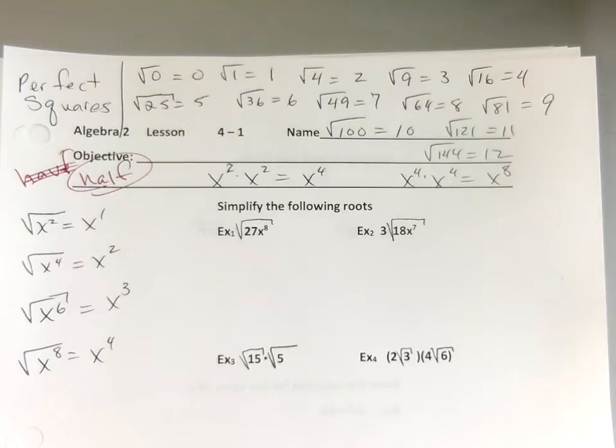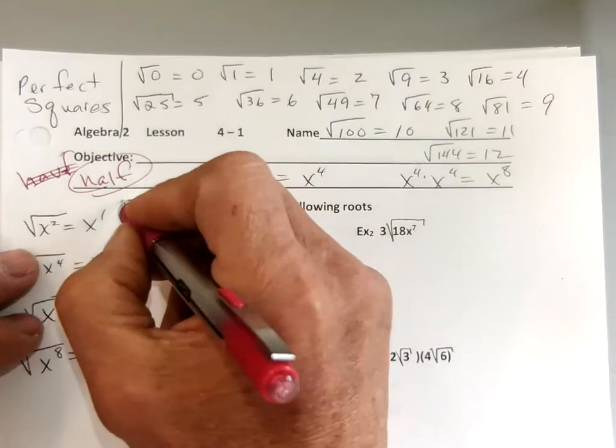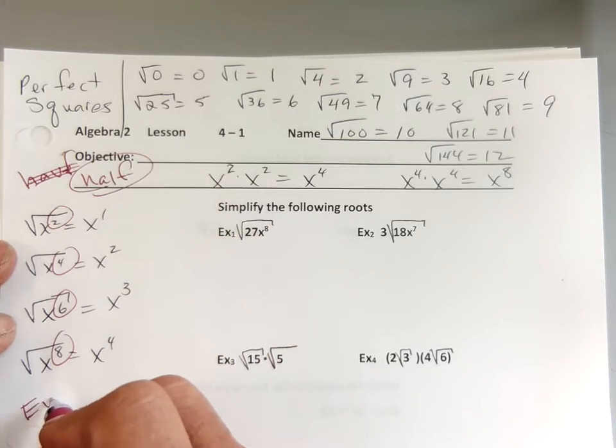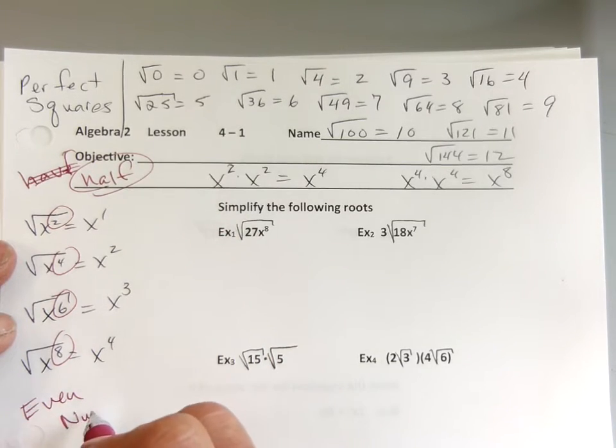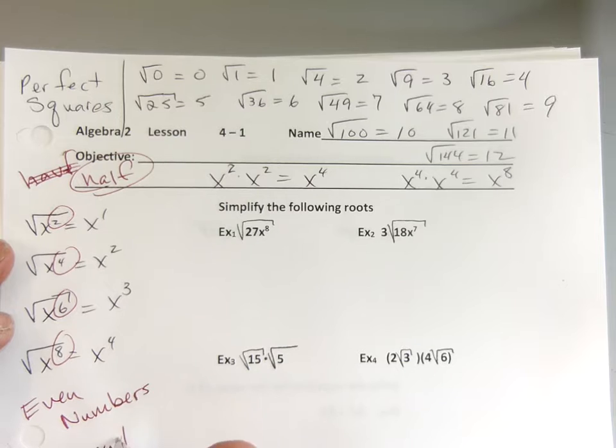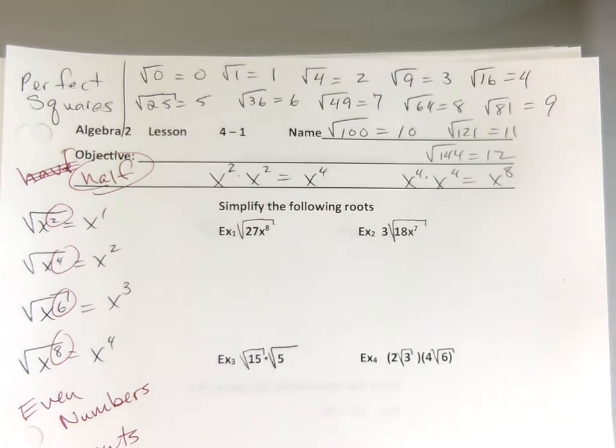If it's not an even number, then we're going to make it even. So we're taking half the exponent, okay? I'll let you write that down.